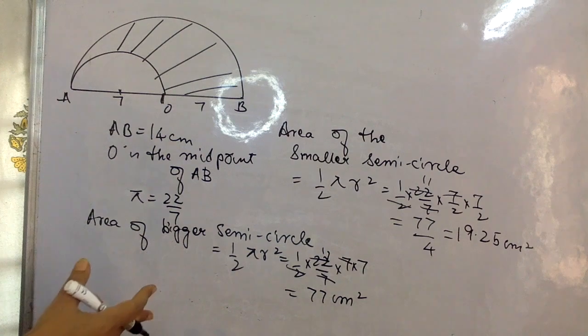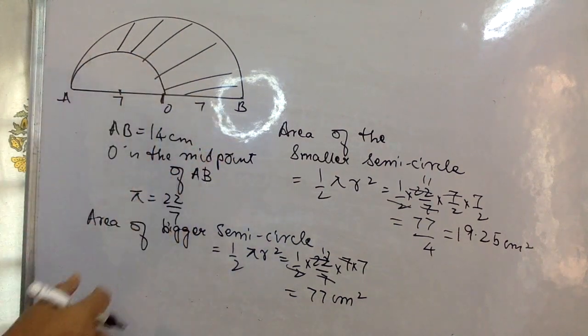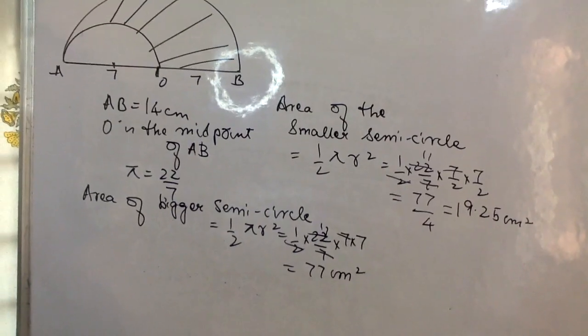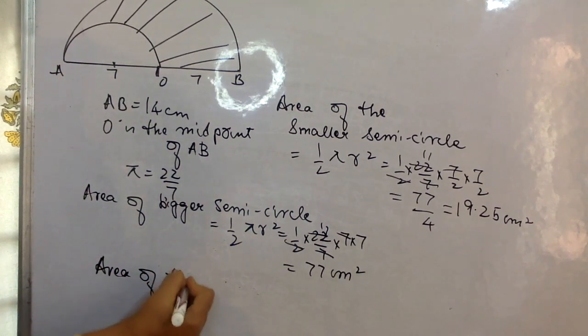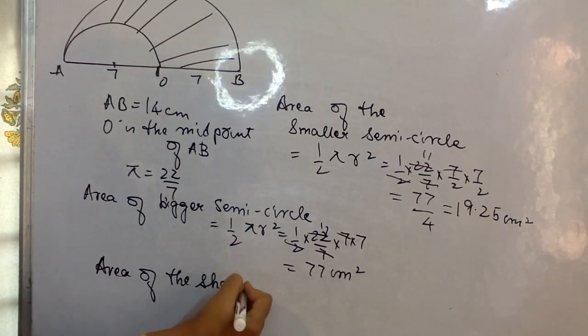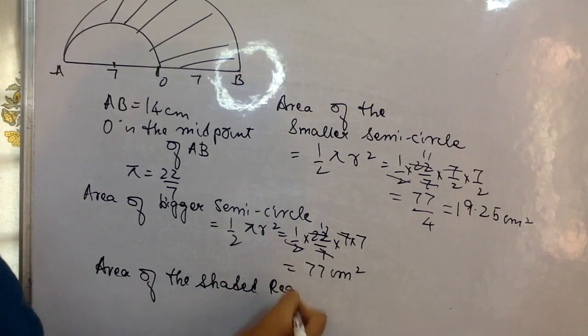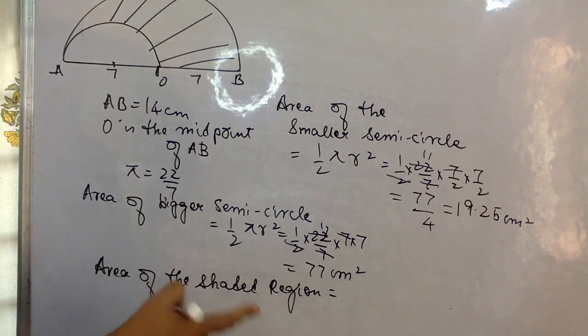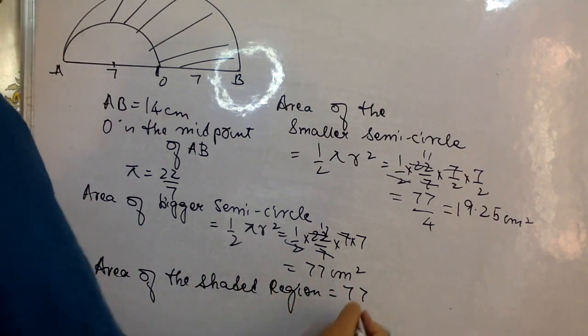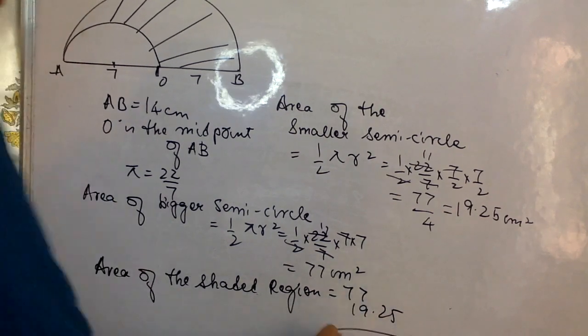Now we are going to get the area of the shaded region. Area of the shaded region is equal to 77, that is the bigger area, minus 19.25.